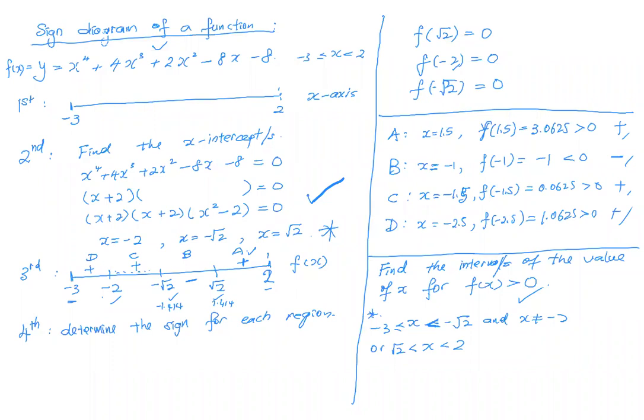So how to draw a sign diagram for a given function? First, draw an x-axis within the domain given, then find the x-intercepts, then mark down the x-intercepts, and determine the sign of each region with the help of your graphic calculator.